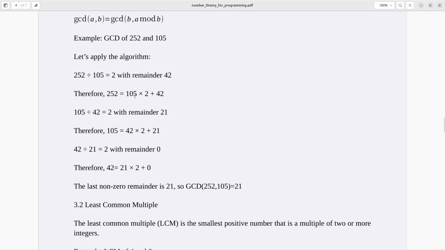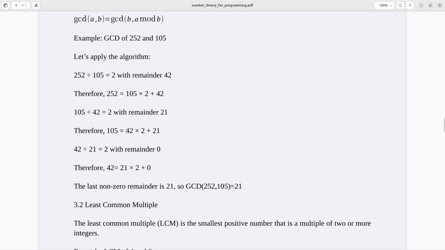Now I pick this number, which is the original B, and this number, which is the original remainder, to become A and B respectively. You will see that 105 divided by 42 gives 2 as the quotient and 21 as the remainder. So 105 is equal to 42 times 2 plus 21.